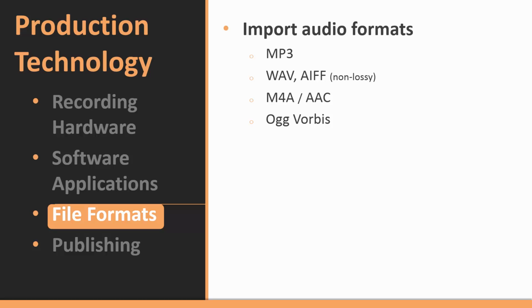WAV, Windows audio file, and AIF, which is the Macintosh equivalent, are non-lossy, super high quality audio file formats. M4A and AAC are advanced formats, but they're also lossy. In other words, they're also a compressed audio file format. And there's the successor of MP3, but the adoption is not really significant yet outside the Apple universe, and that may change.